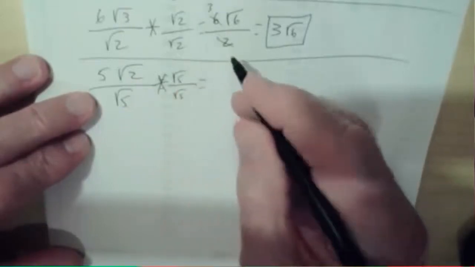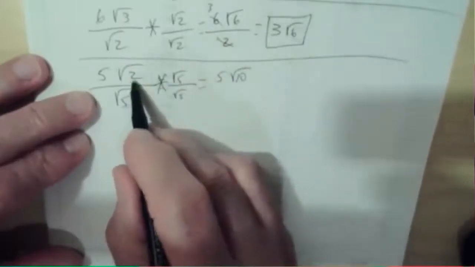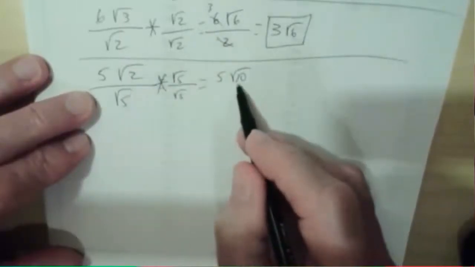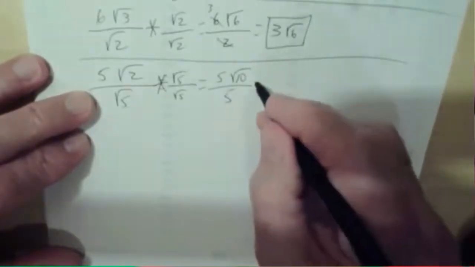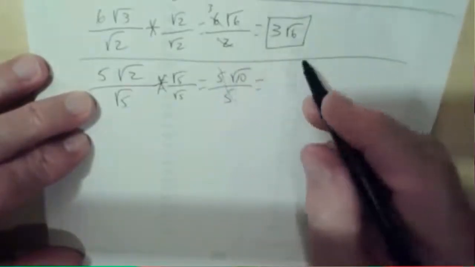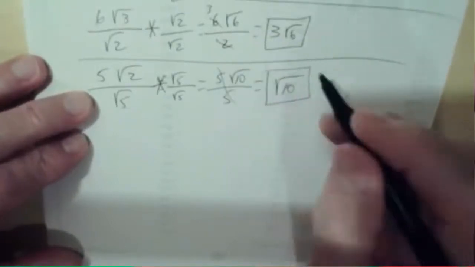So this is 5 times the square root of 10. Okay, square root 2 times square root 5 is square root 10 over 5. Those can be eliminated. So can we factor the square root of 10 into something that's a perfect square? No.